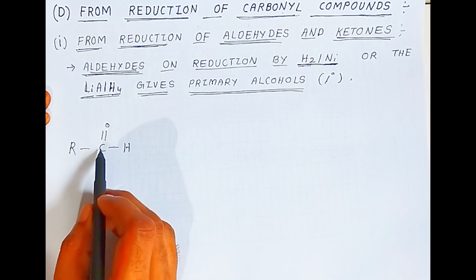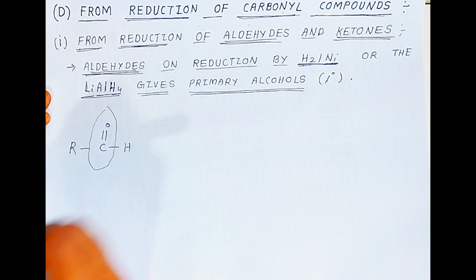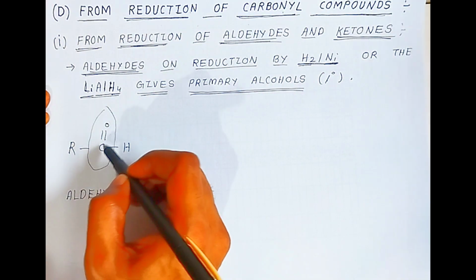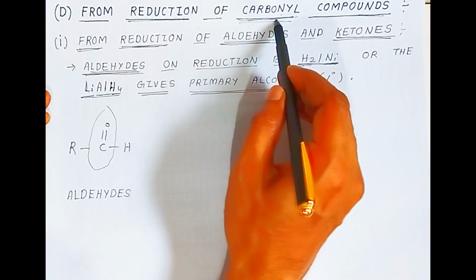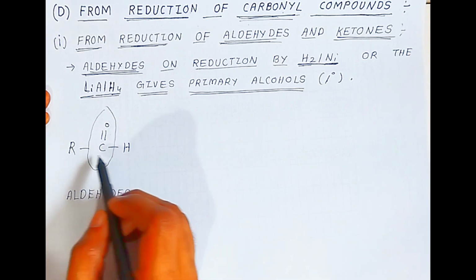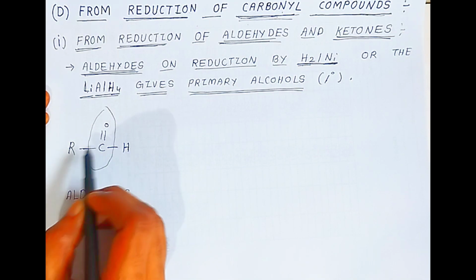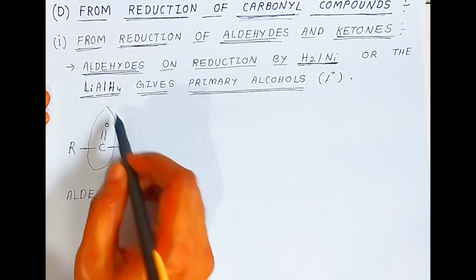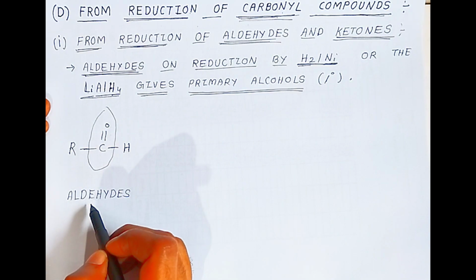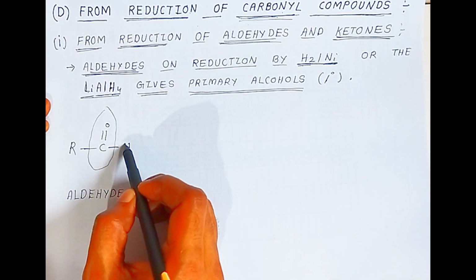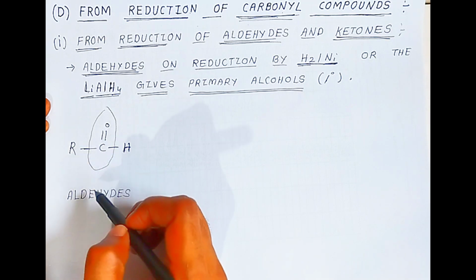This is the carbonyl group, carbon oxygen double bond, and this carbonyl group is present in aldehyde. Out of these 2 valencies, 1 valency is hydrogen, the other is an alkyl group. This group is always present at the terminal, so we call it aldehyde, students. This is a carbonyl compound, but 1 valency is occupied by hydrogen, so we call it aldehyde.